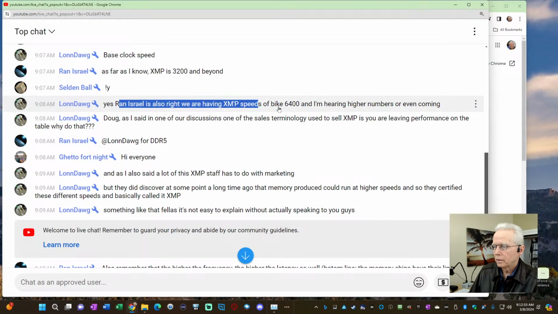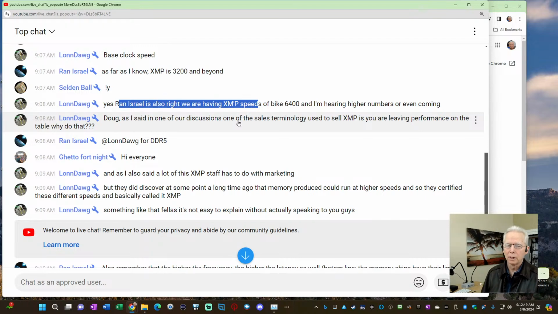That's all right. We're having XMP speeds of 6400. In one of our discussions I said the sales terminology used to sell XMP is that you're leaving performance on the table. Why do that? Well, Carrie's position is that you're less likely to have trouble. With XMP on, you're just closer to that boundary, is what I'm deducing his reasoning is.